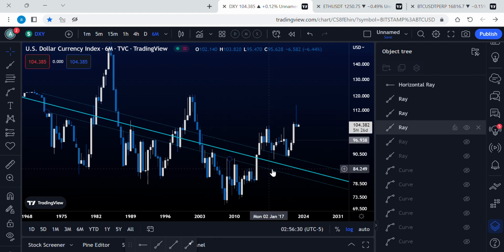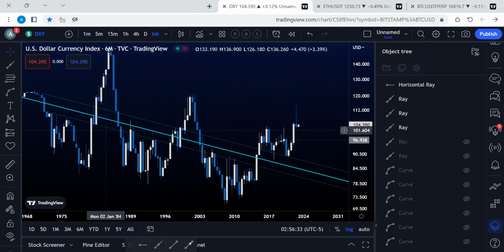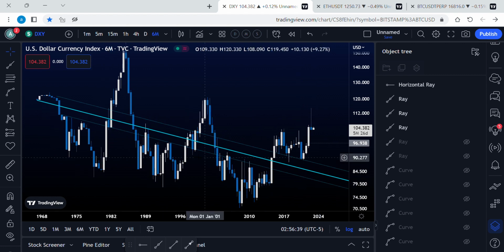You can see I'm not completely sure about the bottom or the top line, because they need to be at equal distance from each other, from the main line.